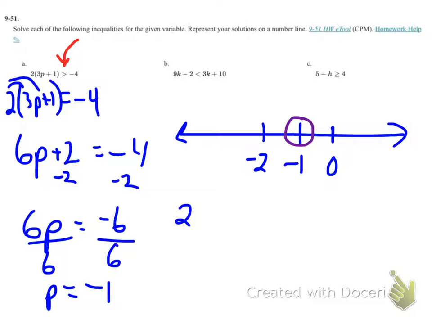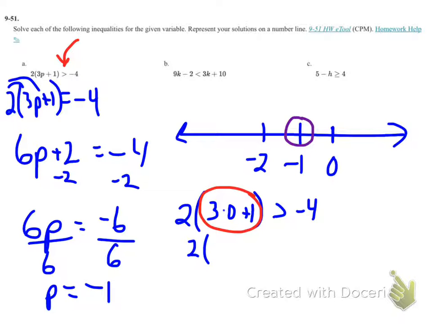So I have 2, and in parentheses 3 times 0 plus 1. Is that greater than negative 4? All of this inside the parentheses becomes 1, since 3 times 0 plus 1 is 1. So now I have 2 times 1. Is that greater than negative 4? 2 greater than negative 4?